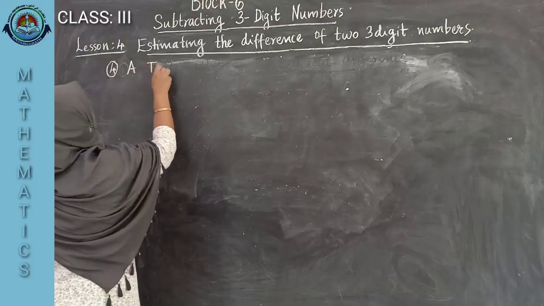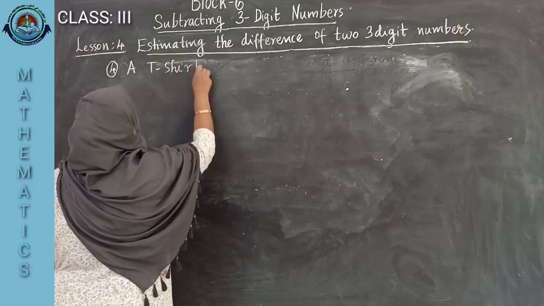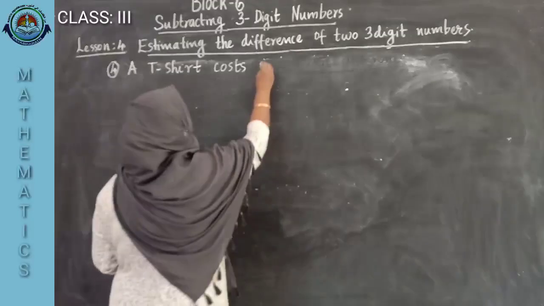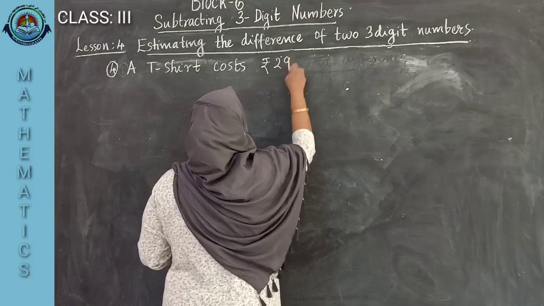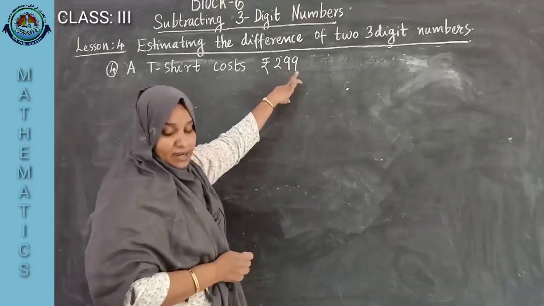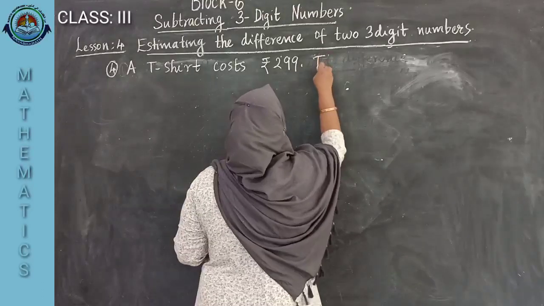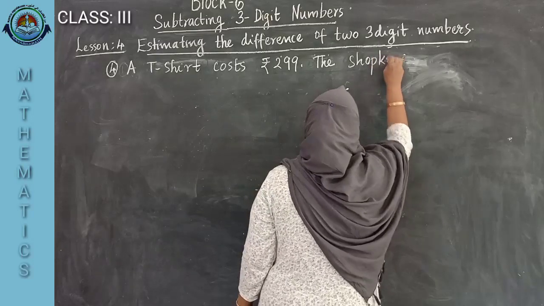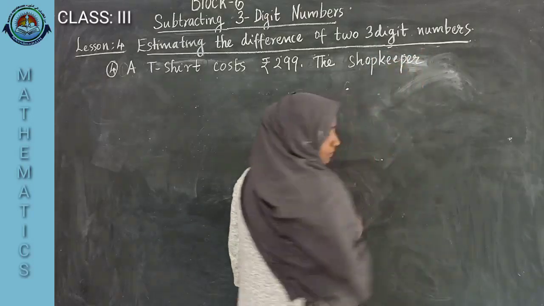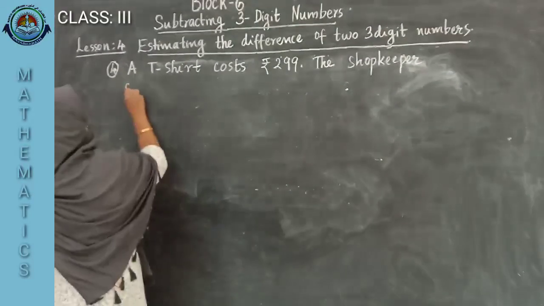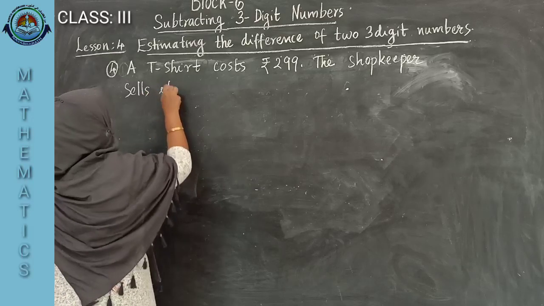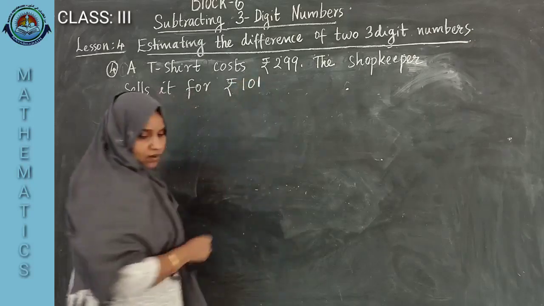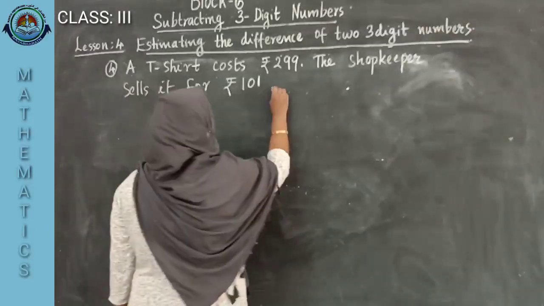A t-shirt costs rupees 299. The shopkeeper sells it for rupees 101 less.